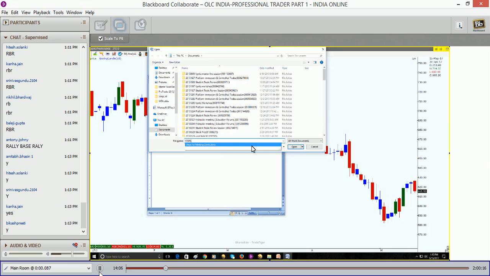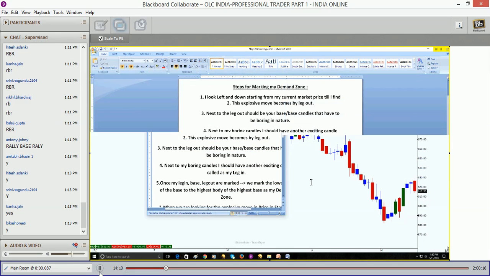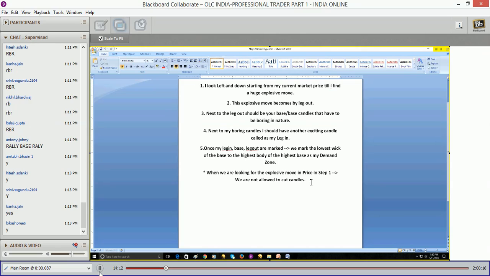Steps for marking zones. We learned how to mark demand zones. Now we're going to learn the steps to mark supply zones. And we need to finish this quickly, guys.